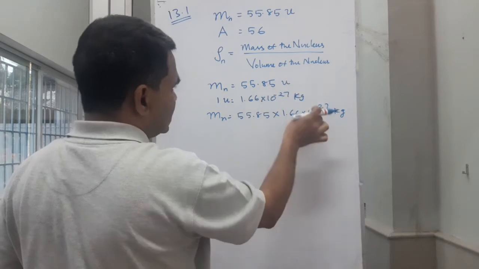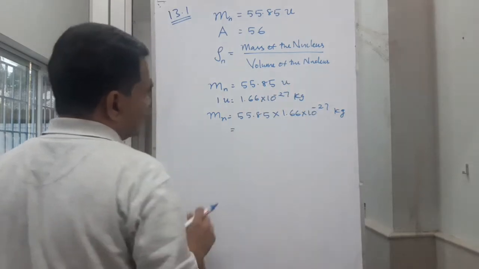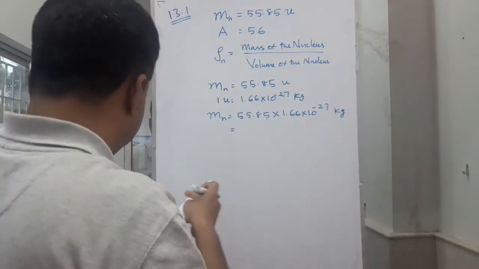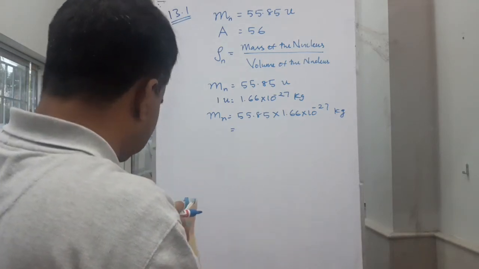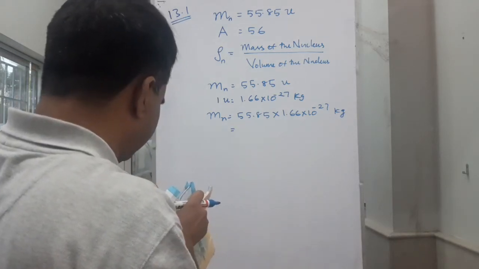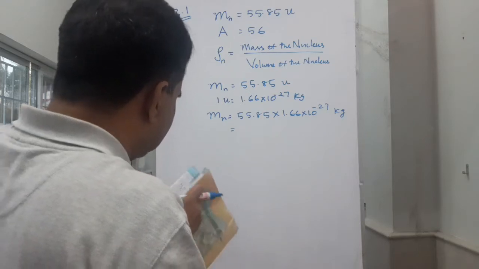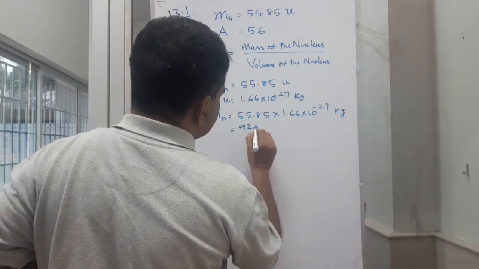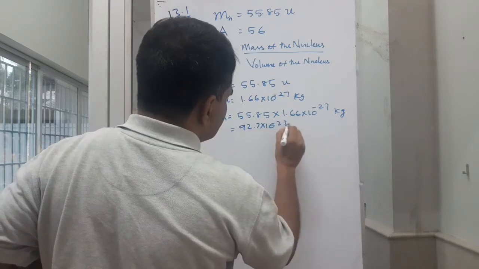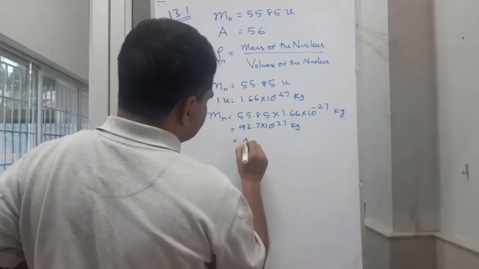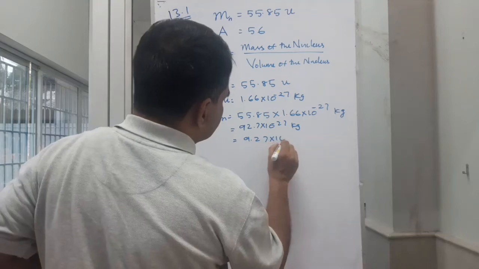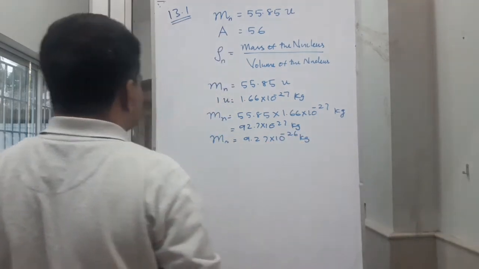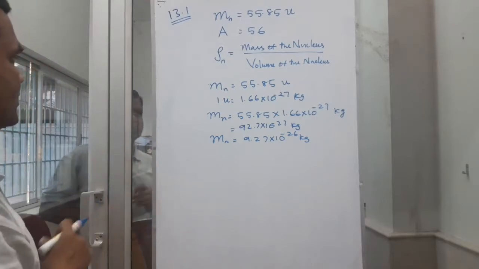So this is in atomic mass units and this is in kg. What will you get? If I multiply these two numbers, I get 92.7 into 10 to the power minus 27 kg. So that becomes 9.27 into 10 to the power minus 26 kg. That's the mass of the nucleus.